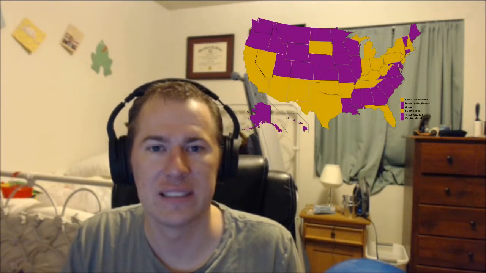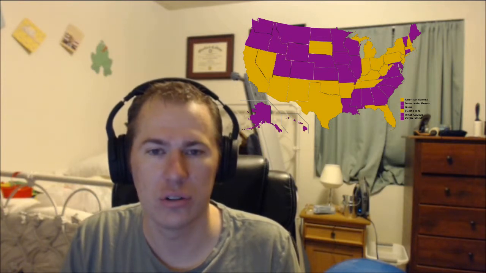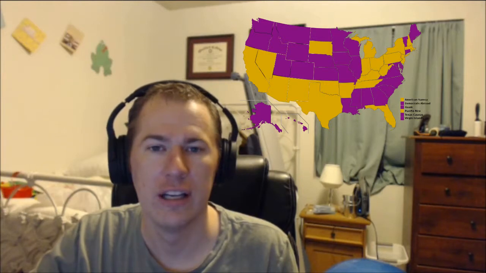If you see here, the states Clinton won are in gold, the states Obama won are in purple. If we were to add up the delegates from all those states in a winner-take-all system, Clinton would have won the 2008 primary. However, that's not the system that the Democrats have.